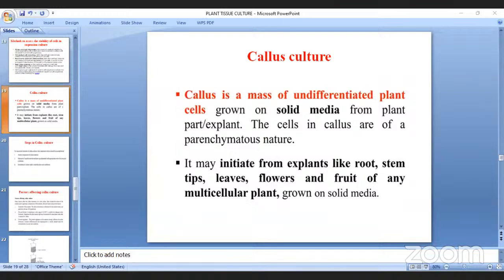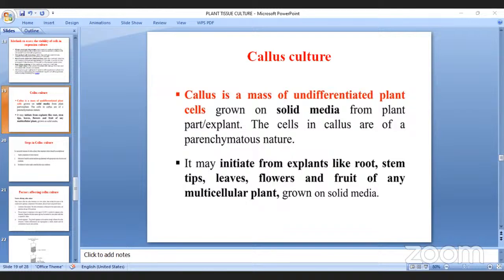Yes, sir. Right. So today's topic is callus culture. Already told you yesterday what is callus and how the callus is formed. The callus is formed from any explant by the culturing process. During this process, an undifferentiated group of mass of cells is formed.